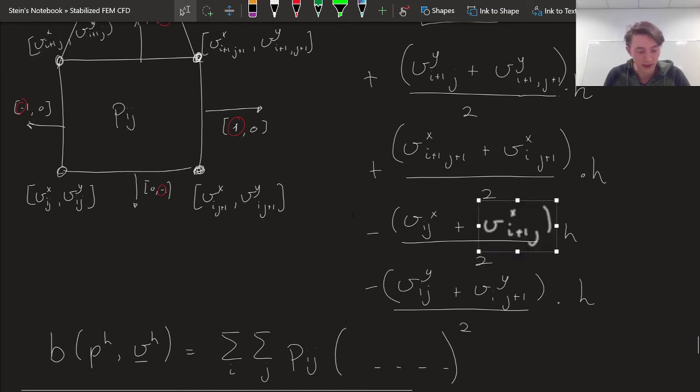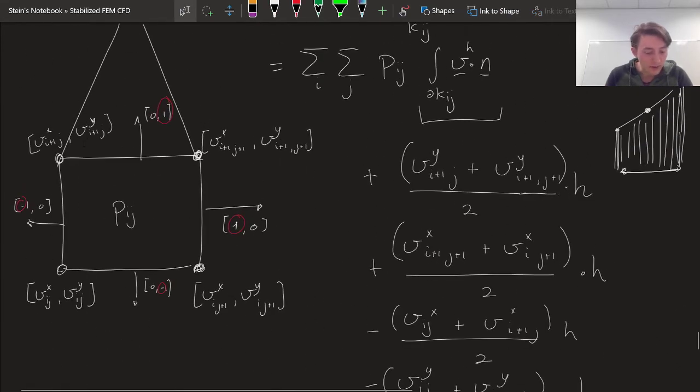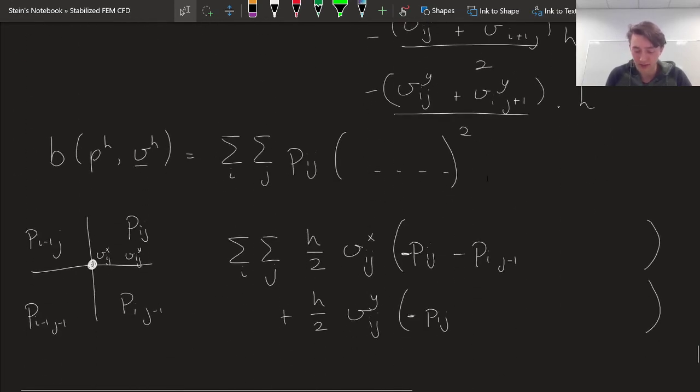So that's also a negative sign. So in x I get negative p. So I'm getting a negative contribution of this pressure. And I have here i plus 1 j in y, so that's a positive one. So I have here plus p i j minus 1.